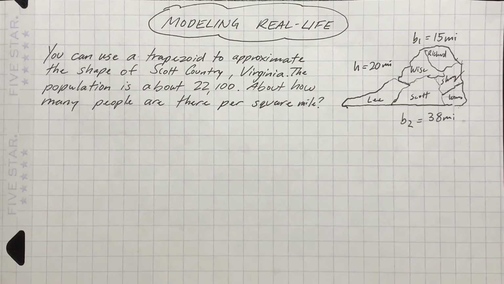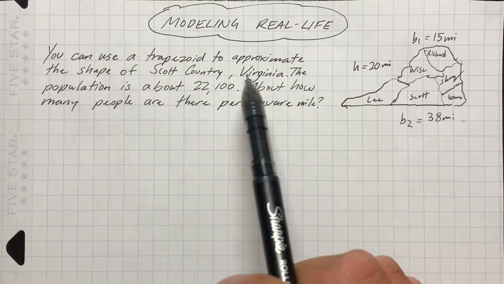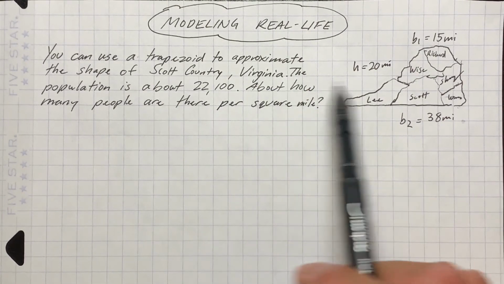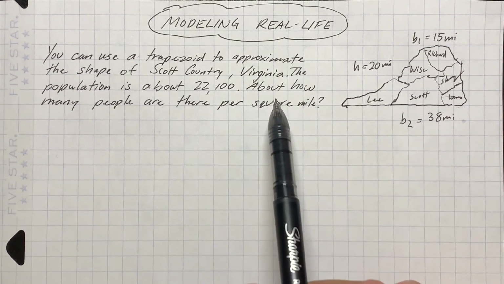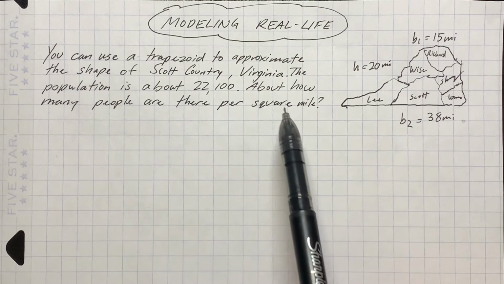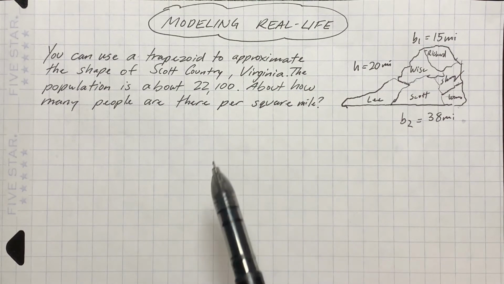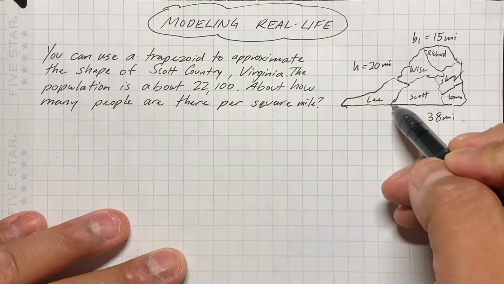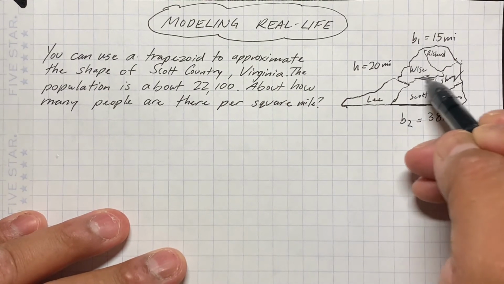It reads, you can use a trapezoid to approximate the shape of Scott County, Virginia. Here's Scott County. The population is about 22,100 people. About how many people are there per square mile? So that's what we're going to figure out. So again, we can use a trapezoid.